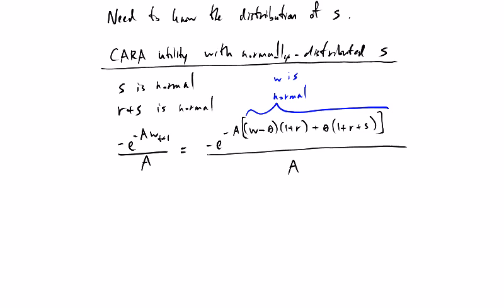The reason why it's called log normally distributed is if you take the log of this function, it becomes a normally distributed number. So W is normally distributed. When you take the exponential function, it becomes log normally distributed. It's just a name for this property.